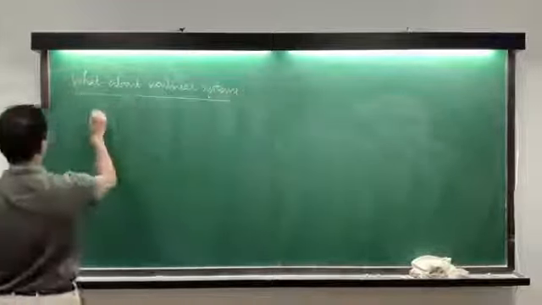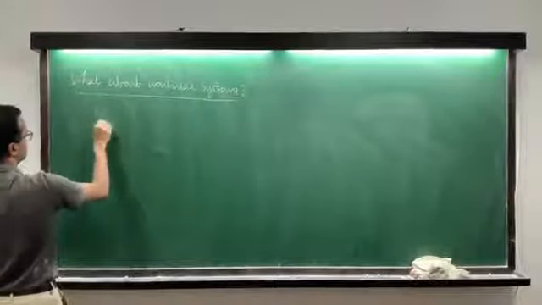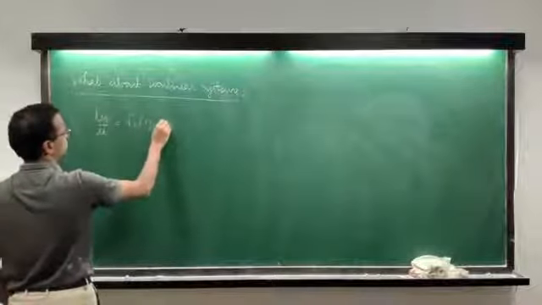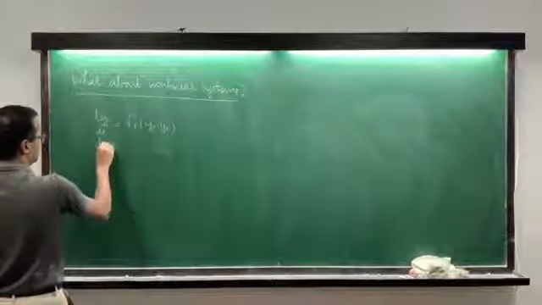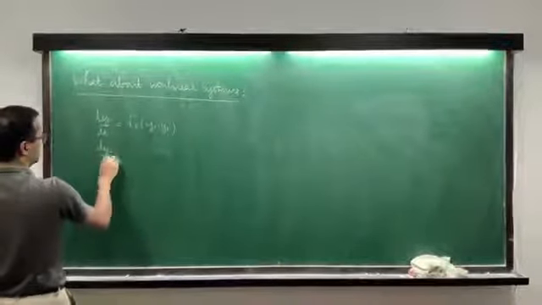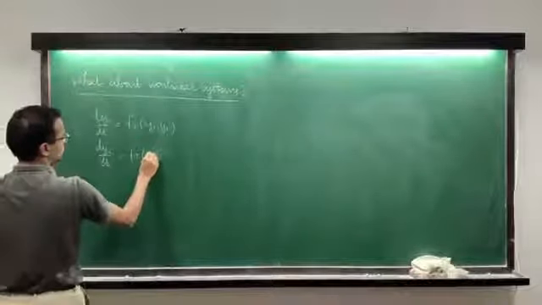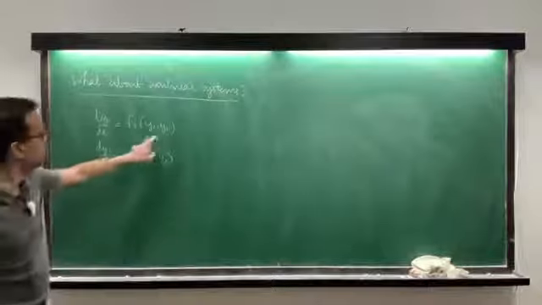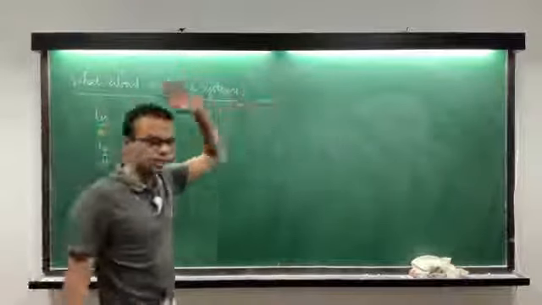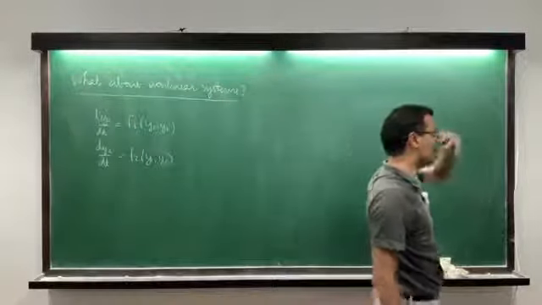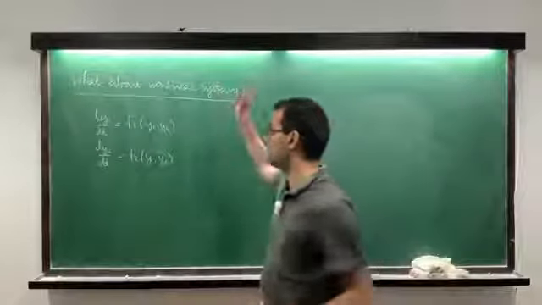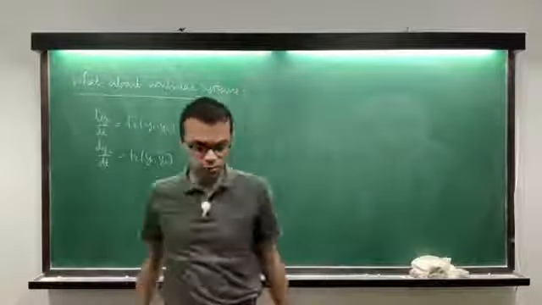Now let's say you have a situation like this: two equations, where f1 and f2 are arbitrary nonlinear functions. Again, autonomous for now, we won't worry about non-autonomous, but f1, f2 are arbitrary nonlinear functions of y1 and y2. So it's a function of two variables.